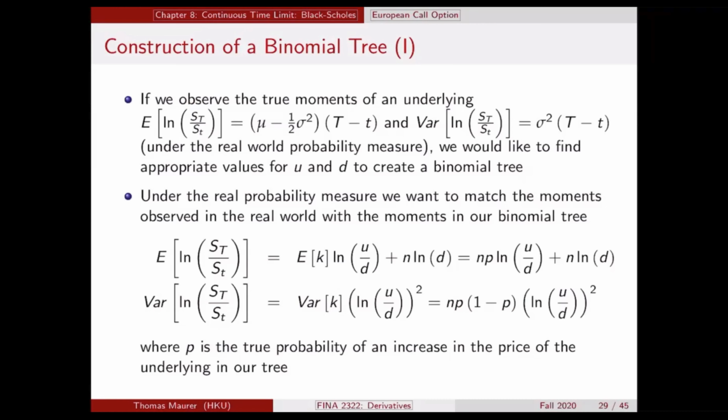Now, what I need to do is choose this true world probability measure P within my tree and my gross returns U and D such that my tree matches the expected log return that I observe in the data, and within my tree I match the variance of the log return to the variance in the data.